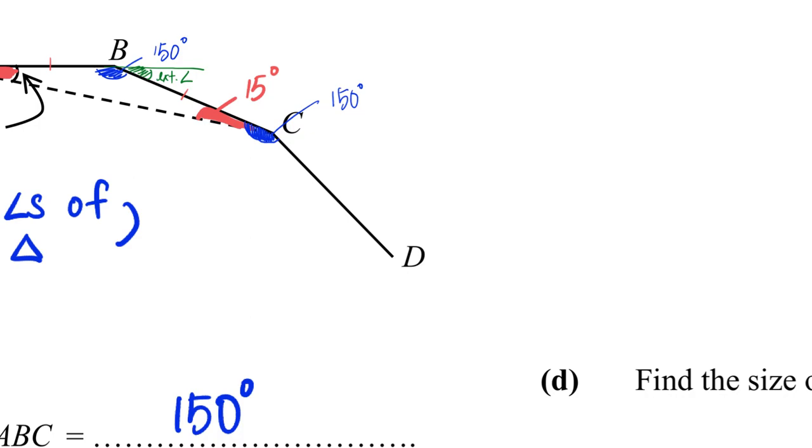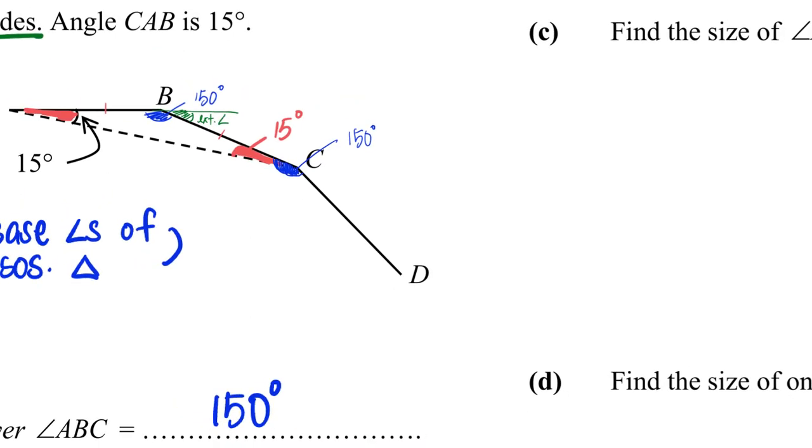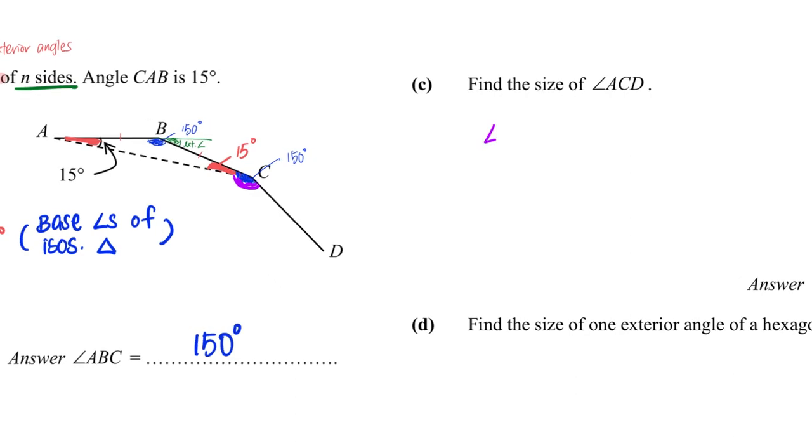So angle ACD, which is here, is simply 150 minus 15 degrees. And we have gotten 135 degrees. Done.